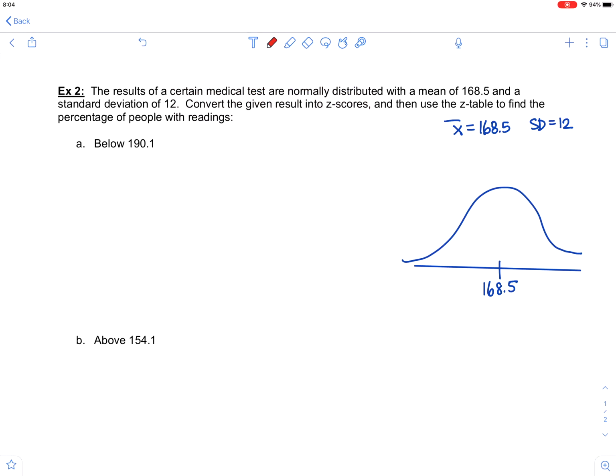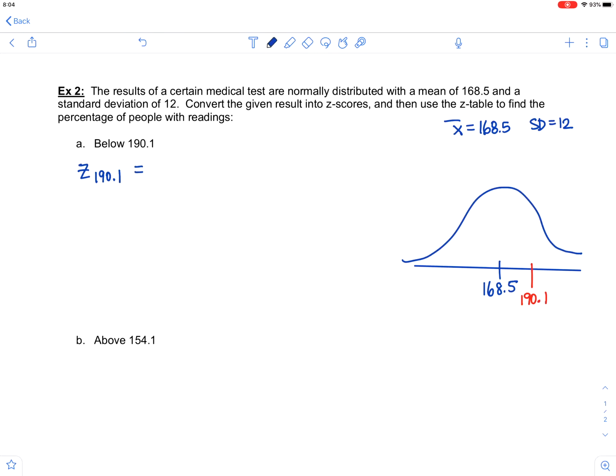A score of 190.1 would be somewhere to the right there. We need to know how many standard deviations above the mean that is, and that's what a z-score tells us. So we need to find the z-score of 190.1.